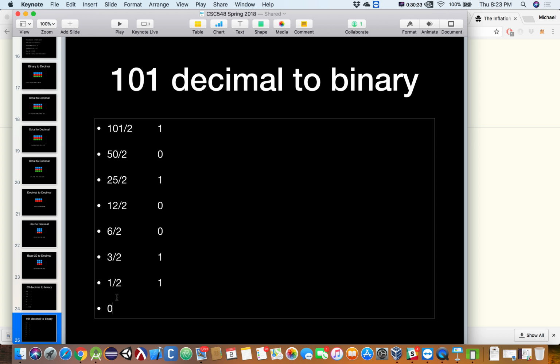Now, we know we're done when we finally get to the 0 here. That's our finish case. All right, so now our answer here, again, we read it from bottom up. So this is 1, 1, 0, 0, 1, 0, 1.